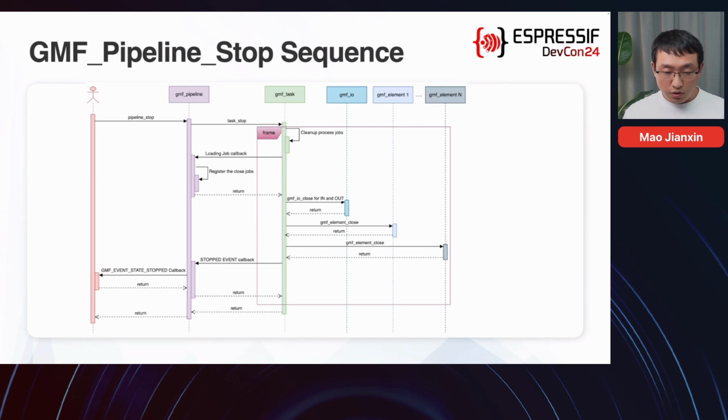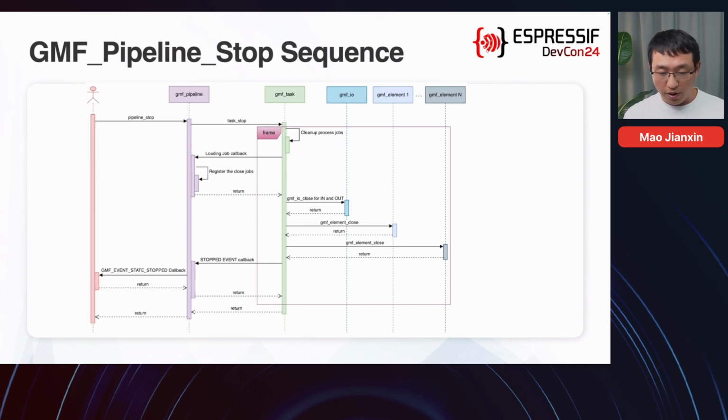In the running state, calling pipeline stop can prematurely stop the pipeline's execution. Once pipeline stop is invoked, it will call stop on GMF task. GMF task will first clear the loaded work list.